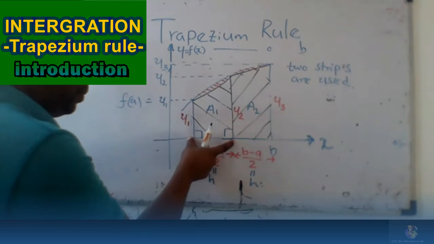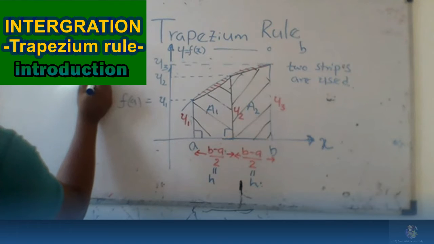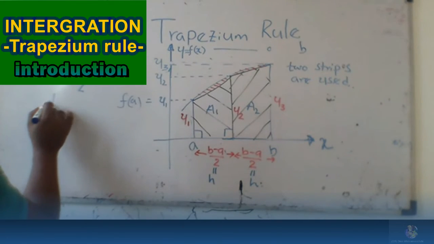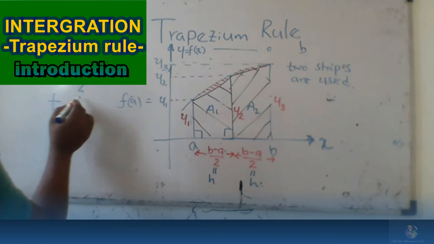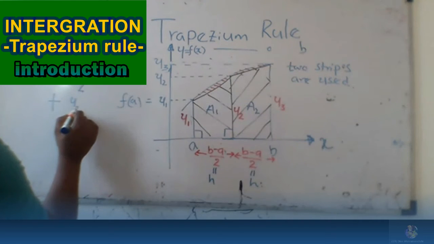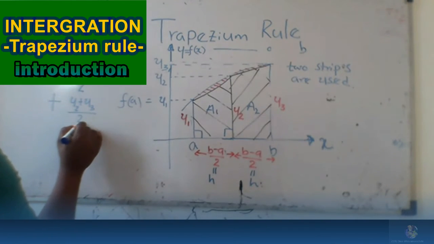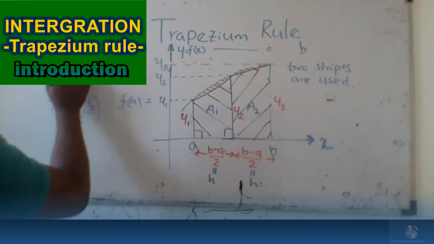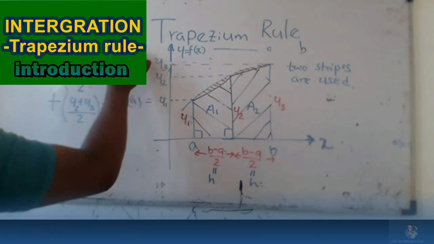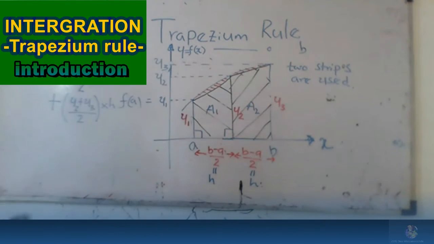Therefore, this distance is the perpendicular distance, that is h, so times h, right? Plus this one, y2 plus y3 divided by 2 times again h, because I have used the same thickness to divide, right?